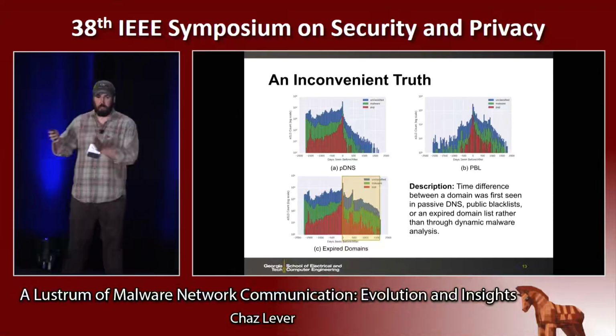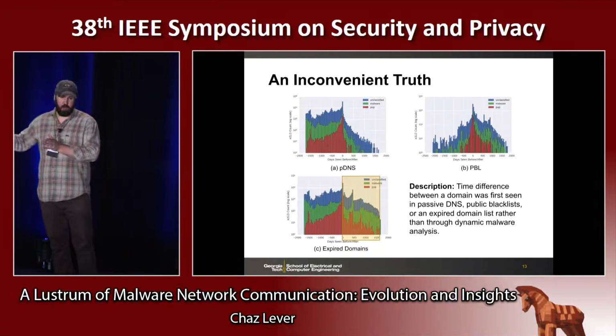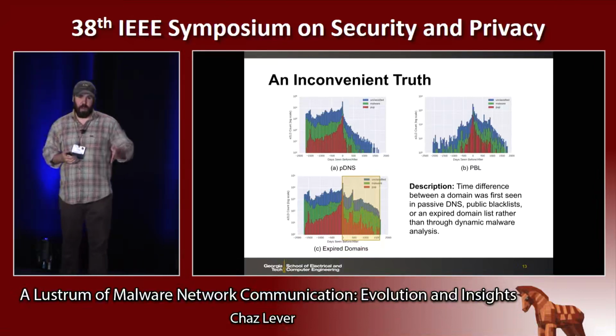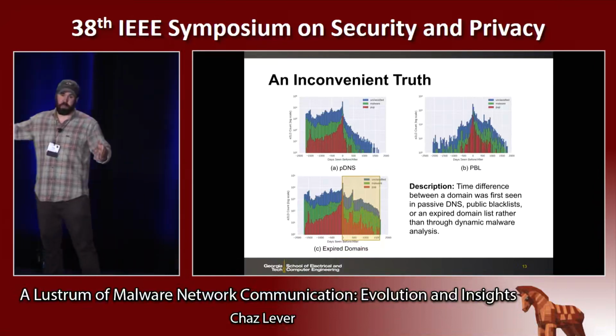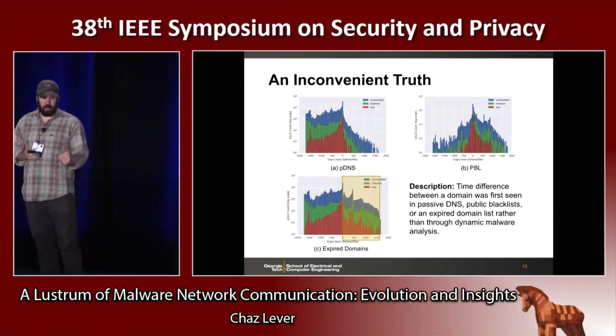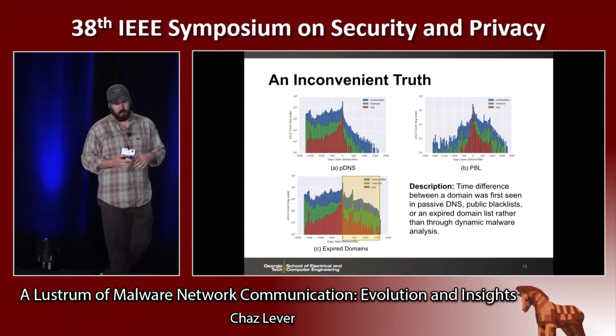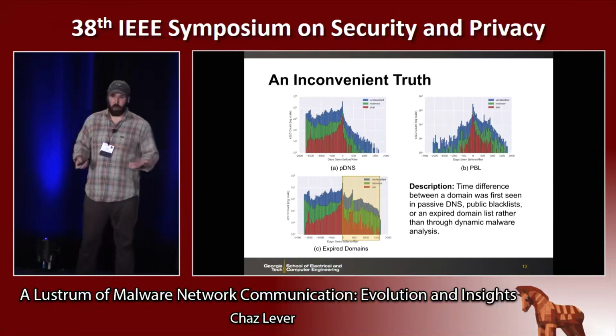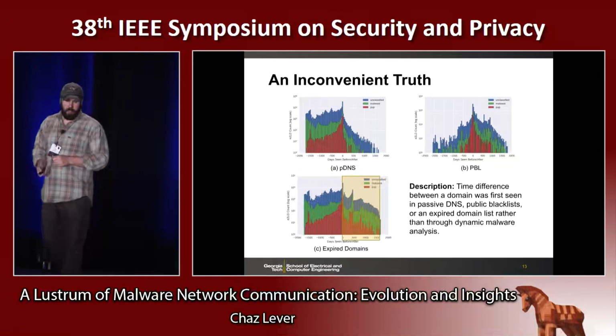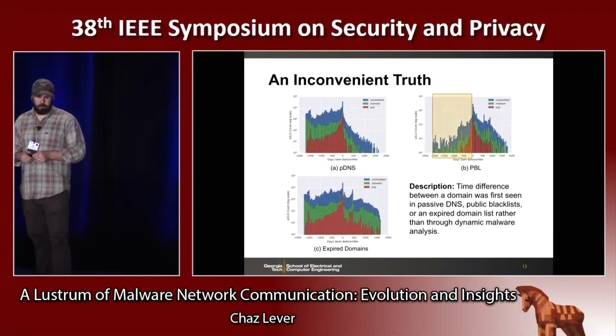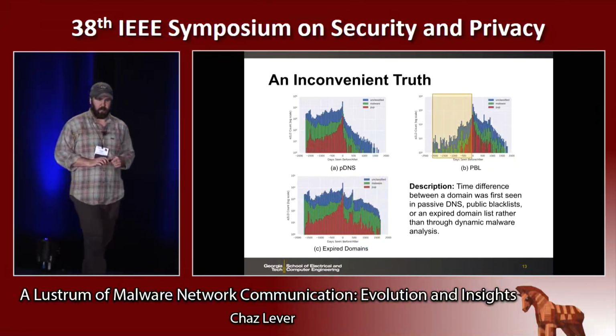It did push some domains to the right, which meant that we saw the domain show up in a malware feed before we saw the new evidence of abuse happen. So that did get rid of some of that left-hand tail, but it still existed. It was much larger than we were hoping to see. The next thing we looked at was the left-hand tail on the public blacklist.